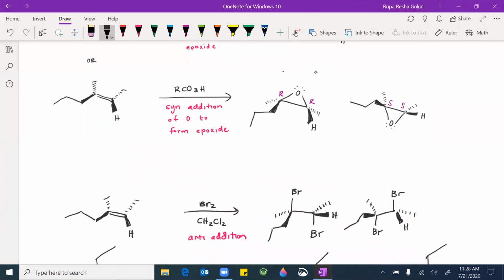If I had the Z, then the methyls are now on opposite sides. So that's a dash, and then the hydrogen's a dash, and then this is a methyl down here with the propyl. You with me? That's the Z isomer. That's E, this one's Z.